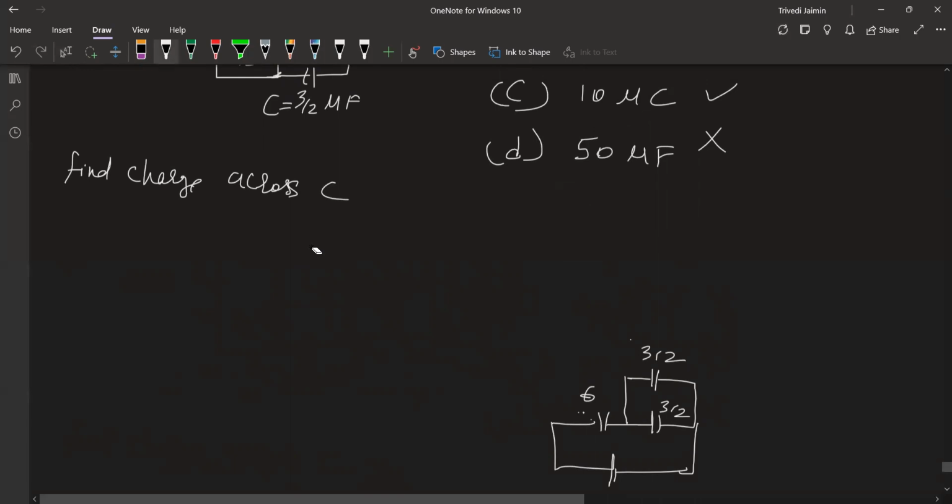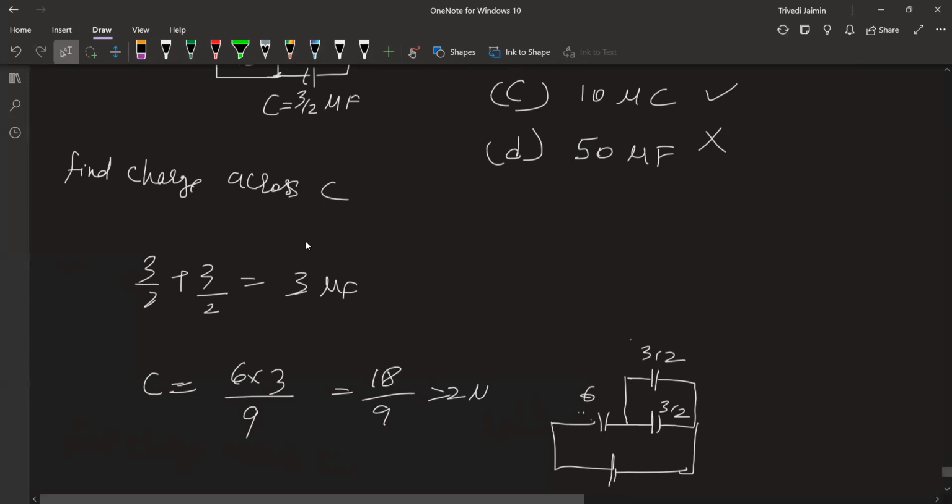So 3/2 plus 3/2, which is 3 microfarad. 3 microfarad and 6. So C equivalent will be 6 into 3 by 9, 18 by 9, which is 2 microfarad.